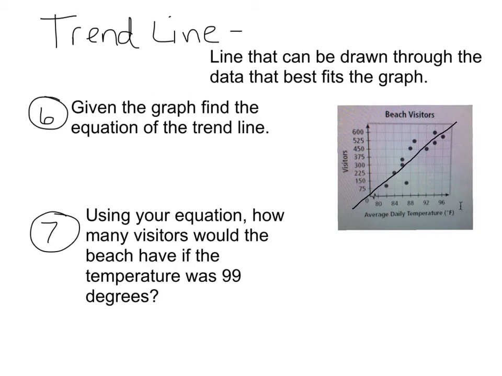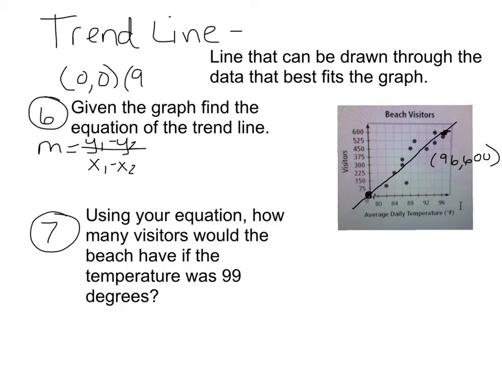And now we want to find the equation. First of all, let's pick 2 points here. We're going to use 0, 0, and then let's pick this point up here, which is the point 96, 600. First I'm going to find my slope, and we did that, remember, by y1 minus y2 over x1 minus x2. So we're using the points 0, 0 and 96, 600.